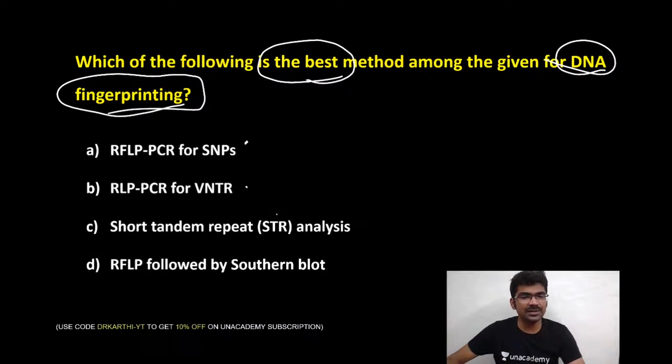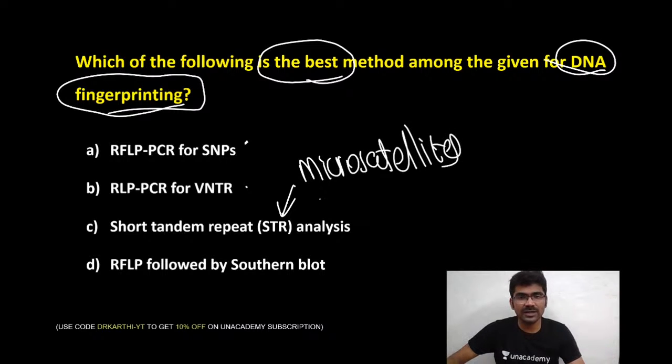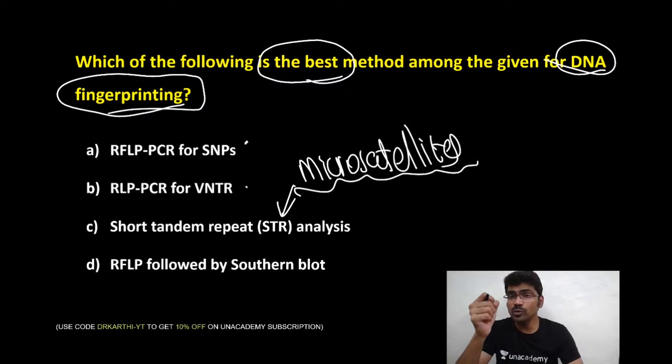Now answer this question. Guys, are you all aware of something called microsatellites? Microsatellites are repetitive DNA elements, with repeat units of 2 to 6 nucleotides, repeated up to 50 times.